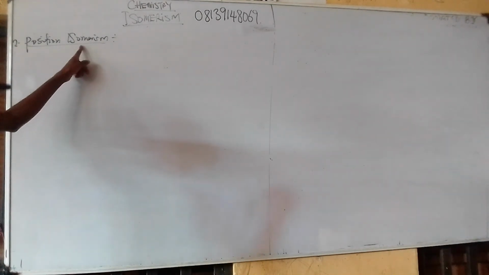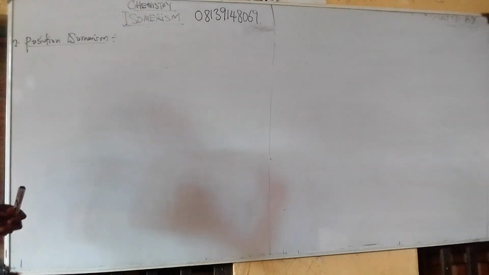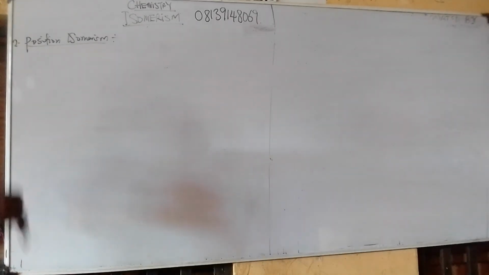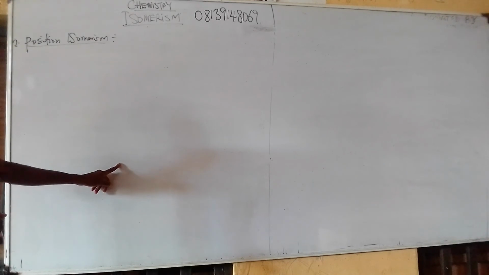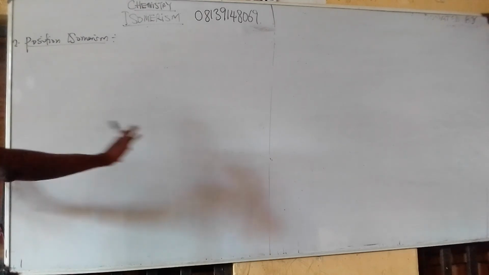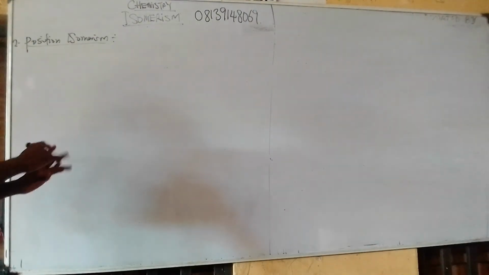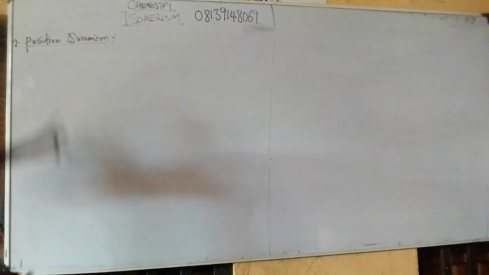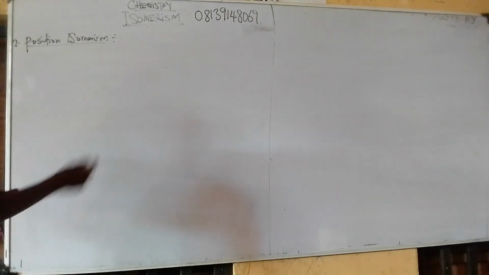Here, I am changing the position of a species that is not carbon. I will not touch carbon. If you change the position of carbon, that is chain isomerism, carbon chain. But if you leave the carbon the way it is and change the position of another species that is not carbon, that is position isomerism.